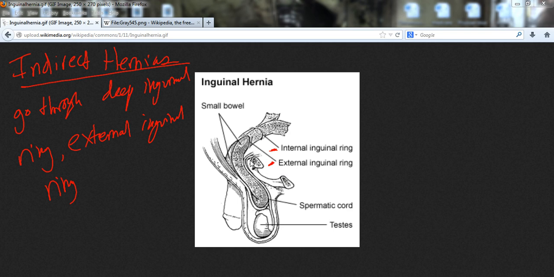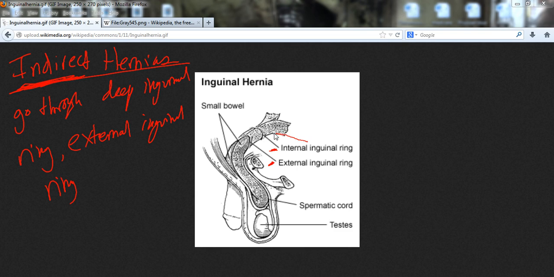Well, a direct hernia went directly through layers. We went through Hesselbach's triangle layers. We went directly through it. Not a hole, but we went through that direct weakening. For an indirect hernia, why it's called indirect is because we're taking an indirect route.